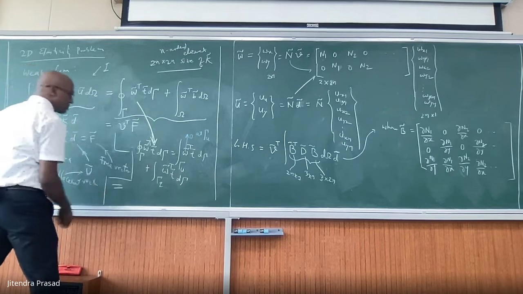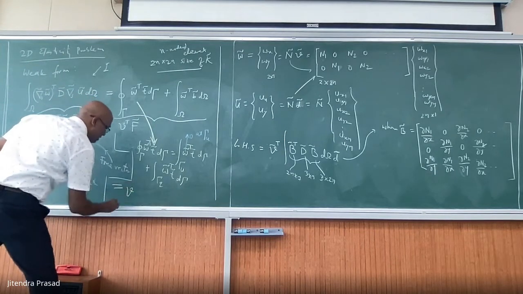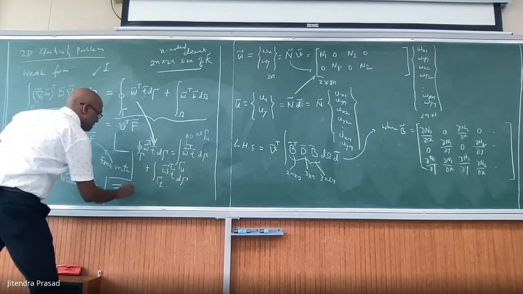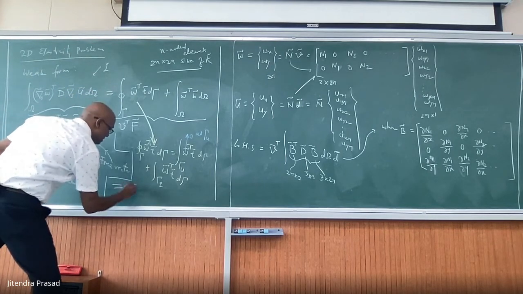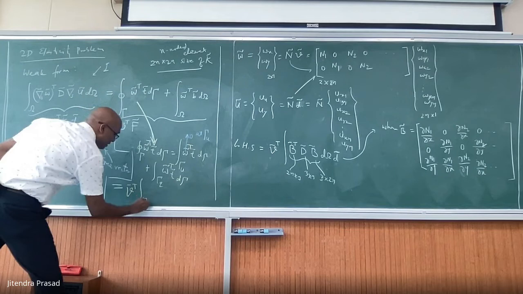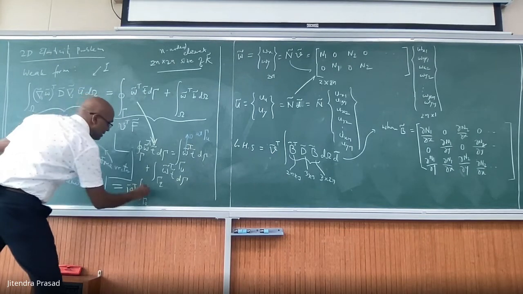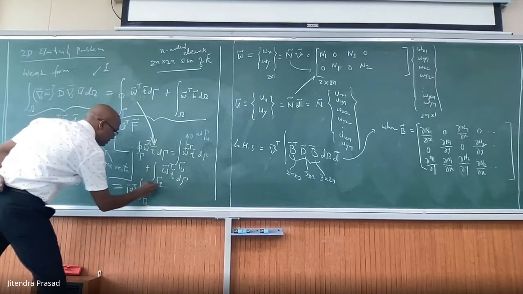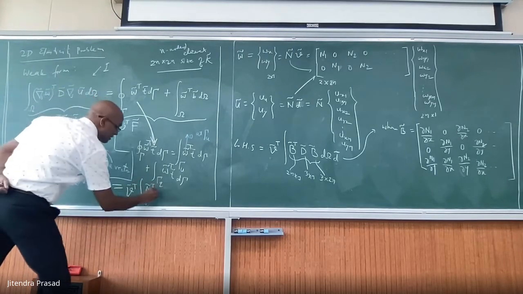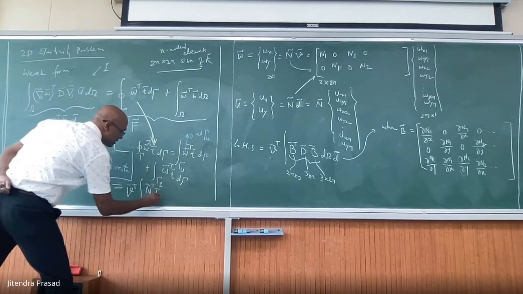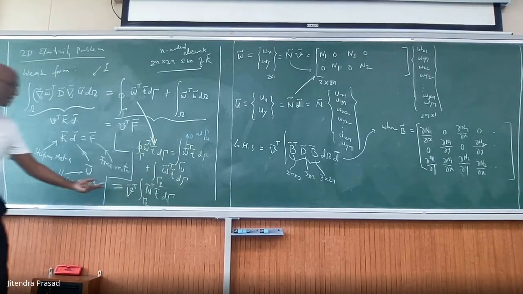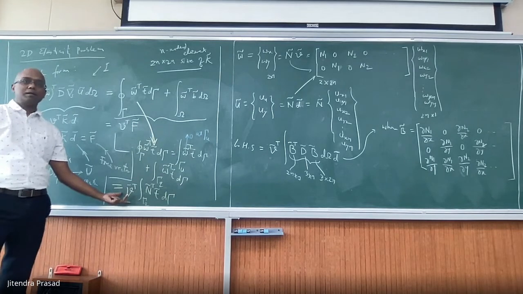So V comes out. V is a constant because they are coefficients. So V transpose, then gamma Q, and then you have N transpose of that, and then T D gamma. You get like this.